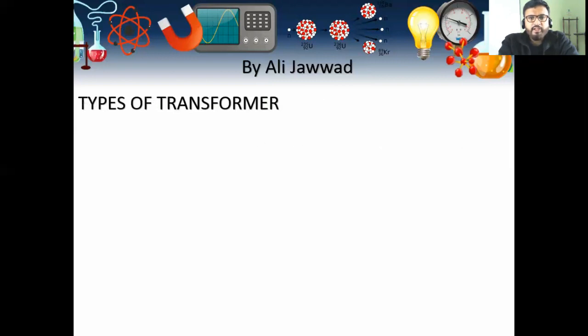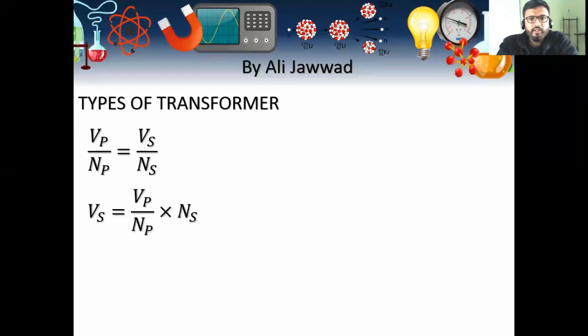Now, types of transformer. Based on this formula, we can define different types of transformer. Because we are interested in secondary voltage, meaning voltage at output, because primary voltage is defined by the power plant, let us rearrange this formula in terms of secondary voltage.